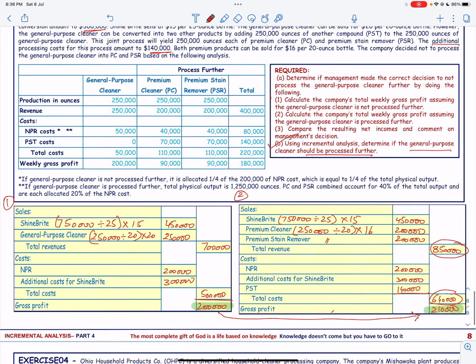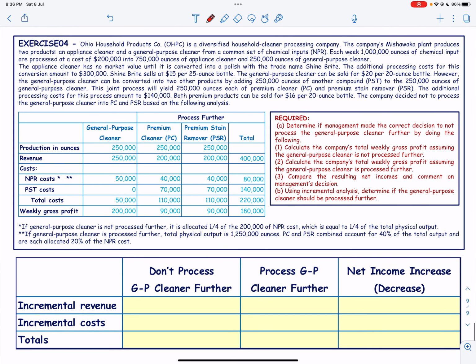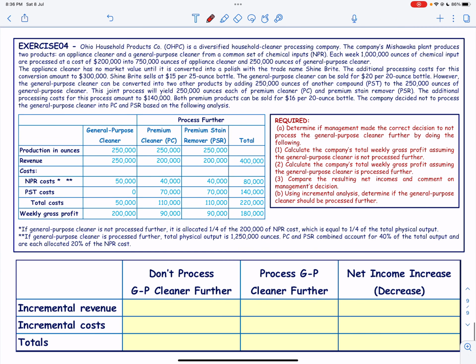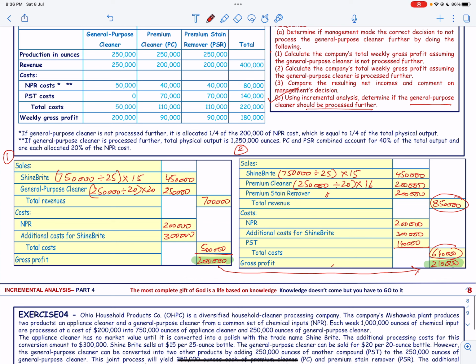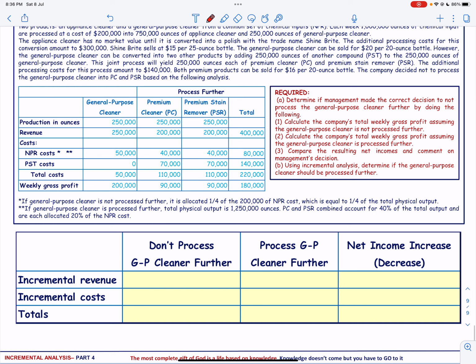So again, for this we are going to use the incremental analysis, and we can see that the incremental revenue was 250,000 if we don't process further, and there will be no incremental cost, and the net effect is positive 250,000.